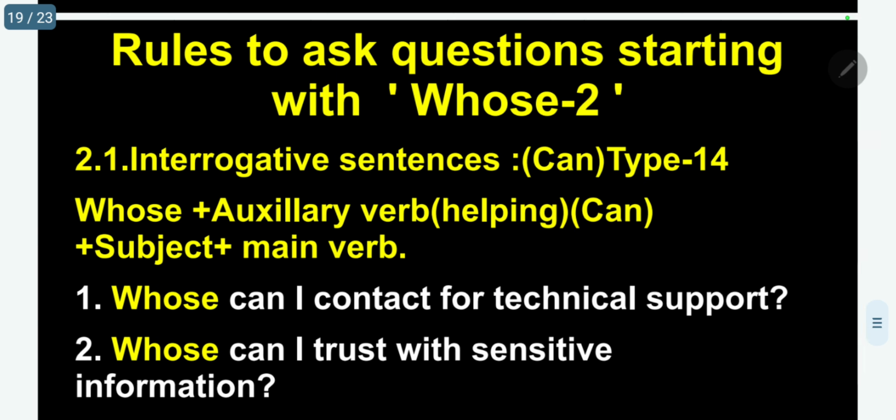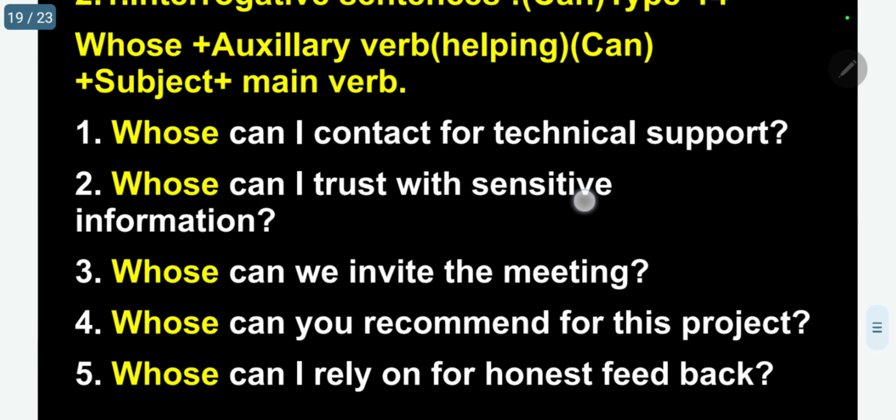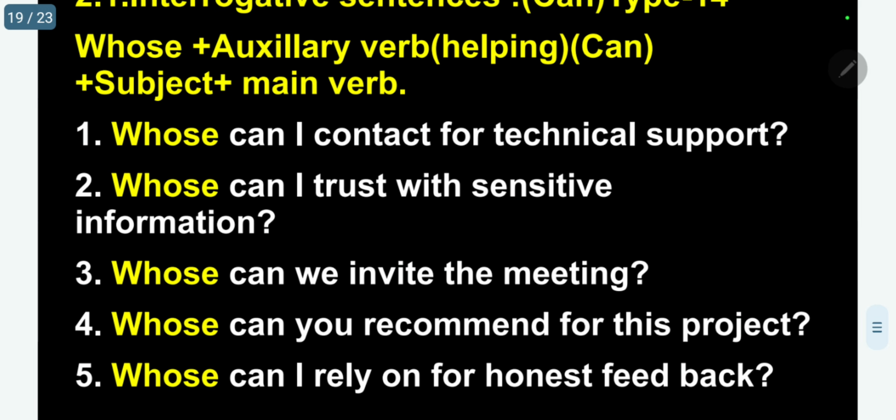Please follow. Next, I will go for can. Whose can I contact for technical support? Contact, main verb, can, auxiliary. I told you, the fourth and fifth types, the secondary auxiliaries or modal verbs, will not come as a main verb.